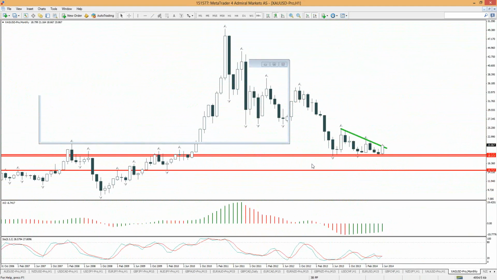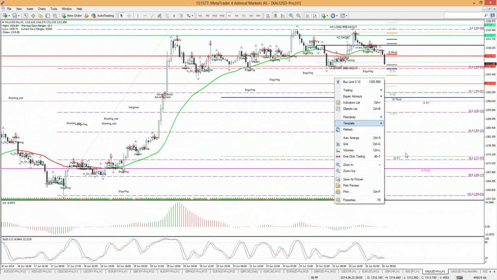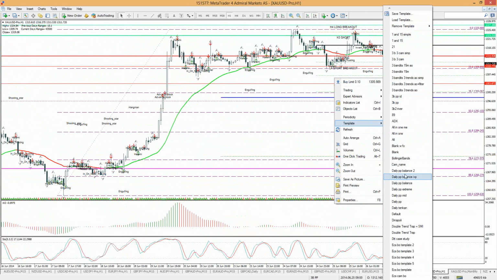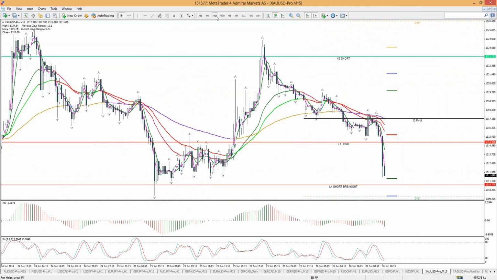Gold, it made like a double top here, in fact, interesting. It's falling pretty fast on this 50-minute chart.